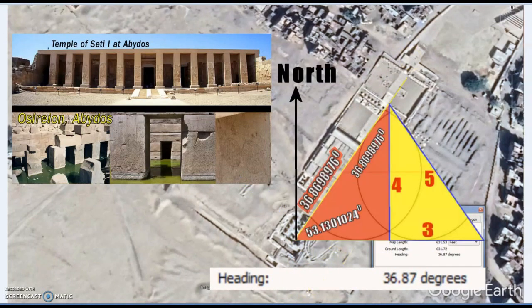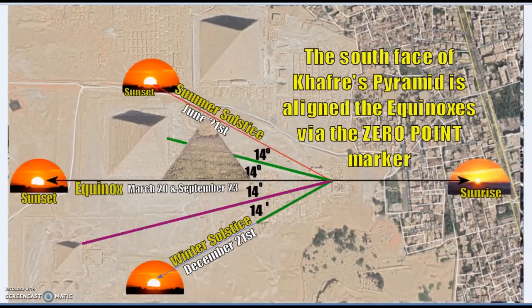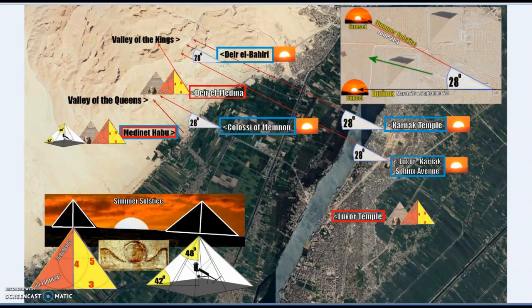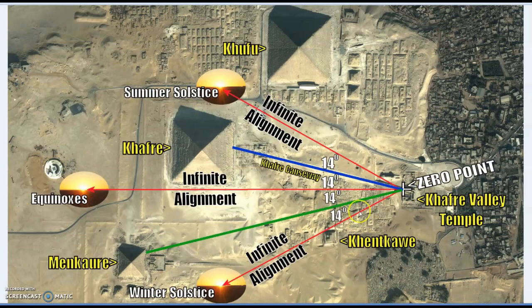And again, that angle reflects the 120 days of the flood, or the Khafre Pyramid as well. So yeah, that's the many archaeoastronomy, timekeeping, alignments as well.